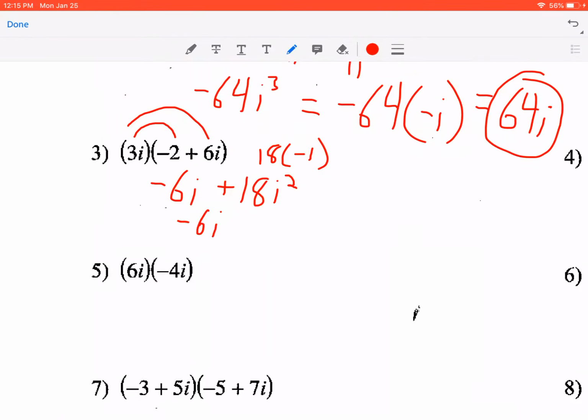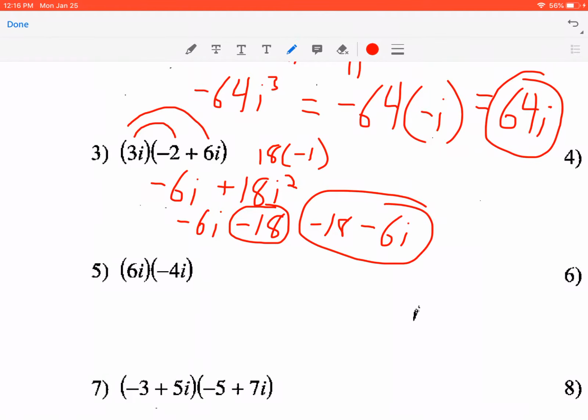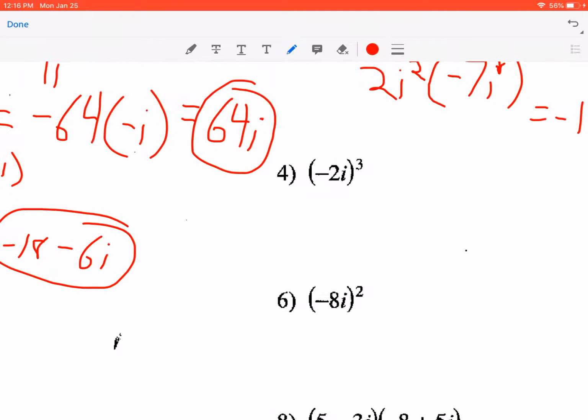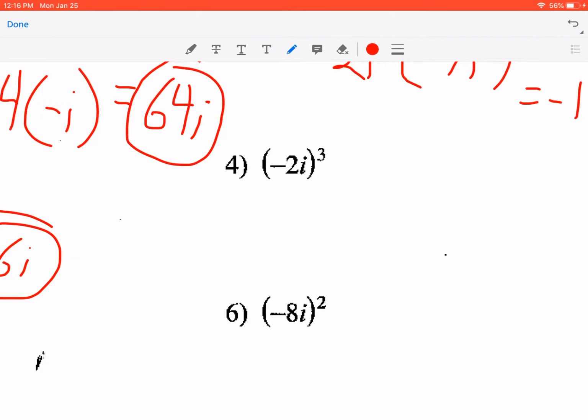So I have -6i minus 18, but what should come first, real number or imaginary? Should be the real number. So really you need to put this first, so -18 minus 6i. Real first, then imaginary.